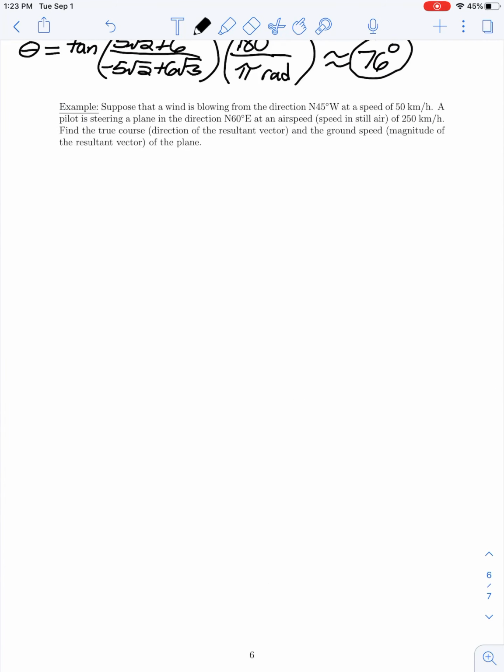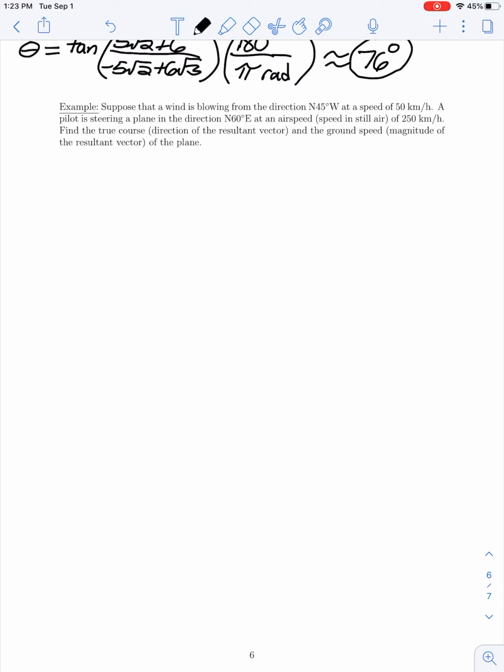So let's look at another one, sort of a similar problem, but maybe a little more complicated. Here we are told to suppose that a wind is blowing from the direction 45 degrees west of north with a speed of 50 kilometers per hour, and a pilot is steering a plane in the direction 60 degrees east of north at an airspeed, which is speed in still air, of 250 kilometers per hour.